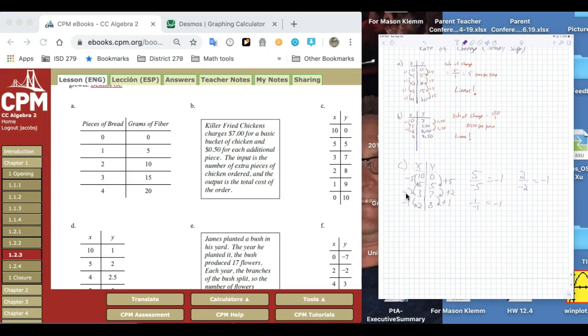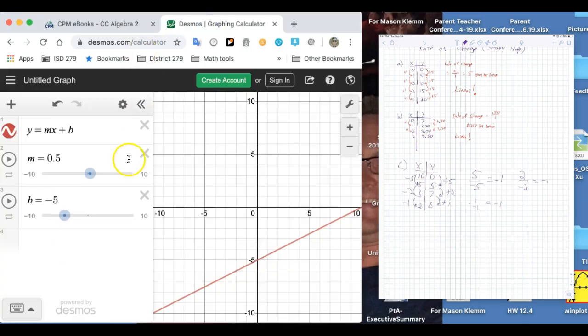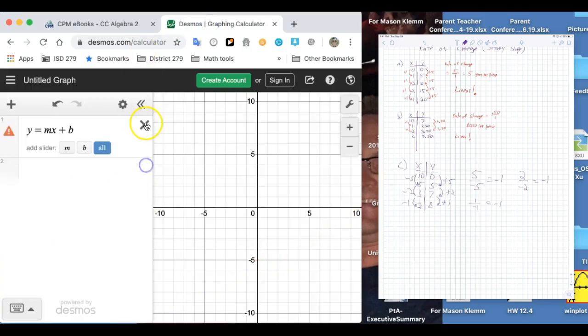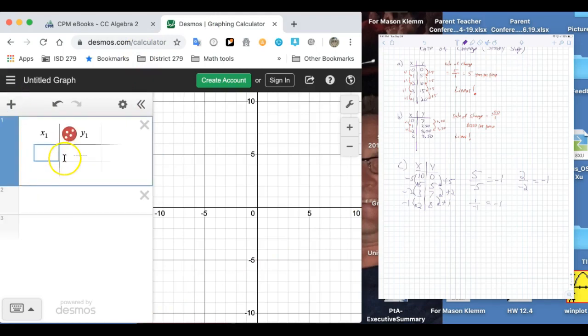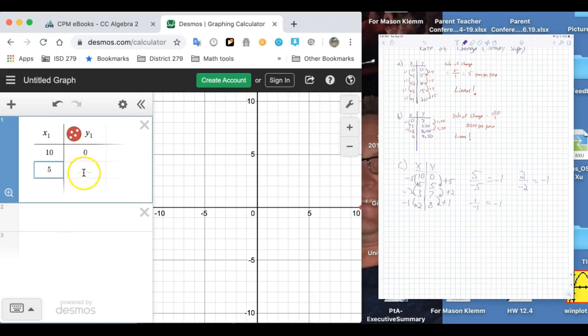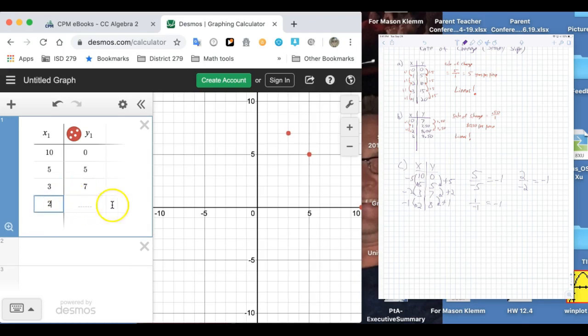points, I'm going to go back into Desmos, and I am going to get rid of my line, and I'm going to type in this table that we are creating, 10, 0 from the book, and 5, 5, and 3, 7, and 2, 8.